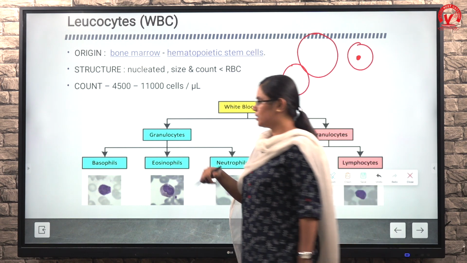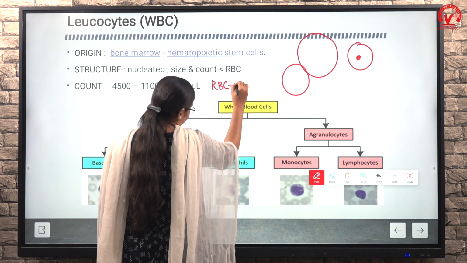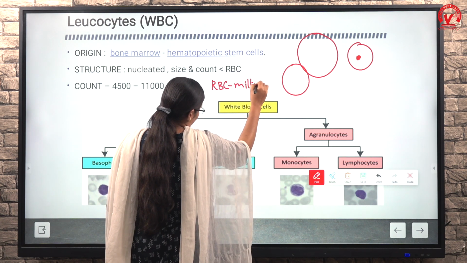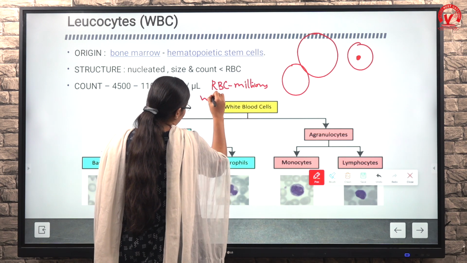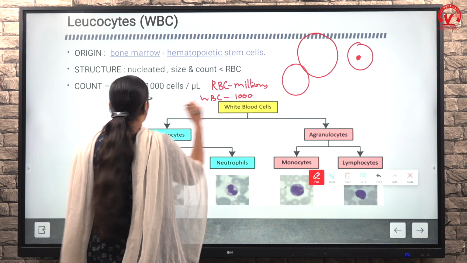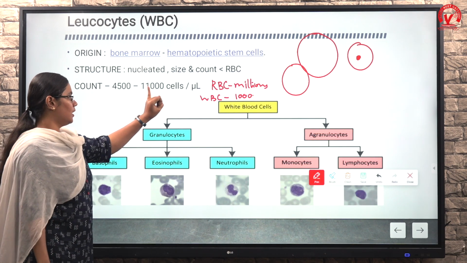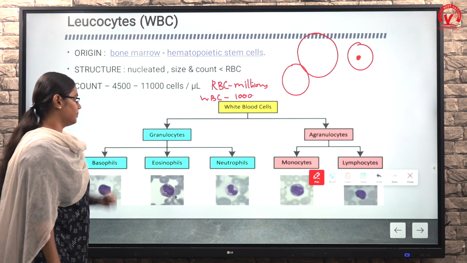Coming to the count, we saw that RBCs are in millions. Here WBCs will be in thousands. So the normal count in the human body is 4,500 to 11,000 cells per microliter.